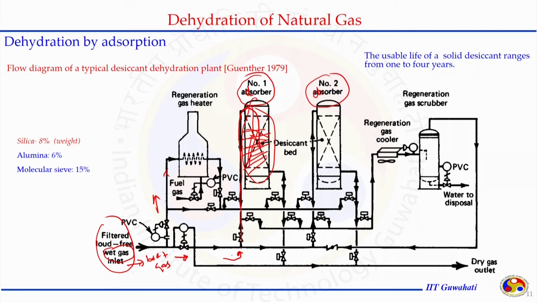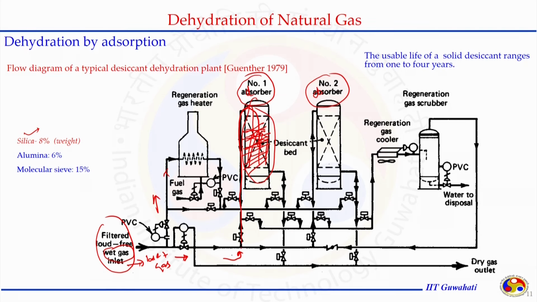It travels through this solid packing, and that solid packing could be granular silica gel, bauxite, alumina or activated alumina, or molecular sieves type of material. Silica is preferred over the others because it can tolerate a significant percentage of acid gases present in the natural gas before it reaches a failing situation.